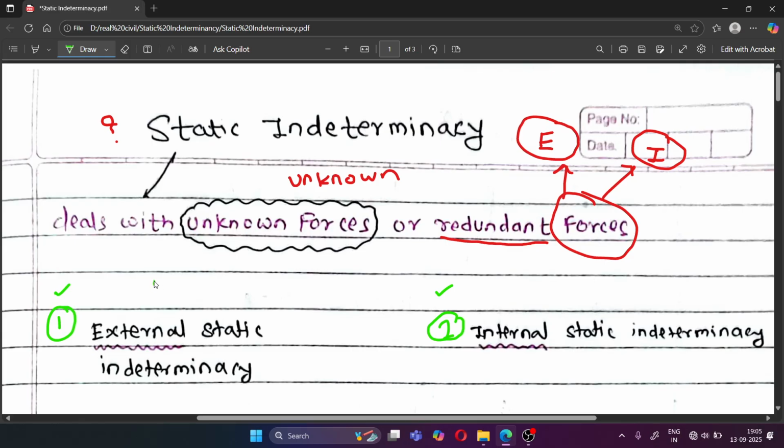External forces means reactions, and examples of internal forces can be shear forces, then axial forces, etc. These are the internal forces. So in this video we will see in detail the external static indeterminacy, that means related to the reactions.